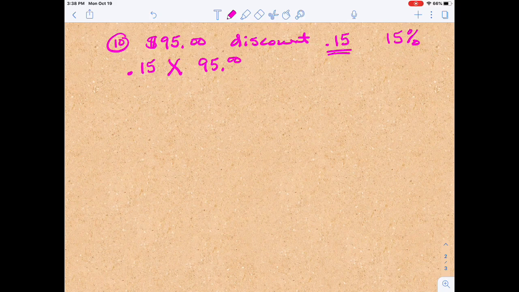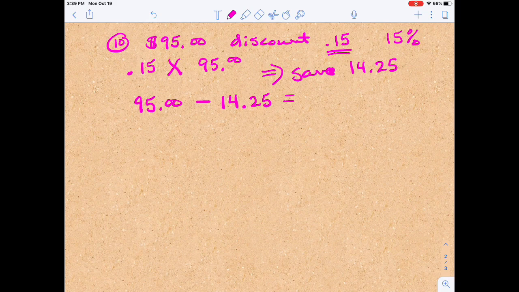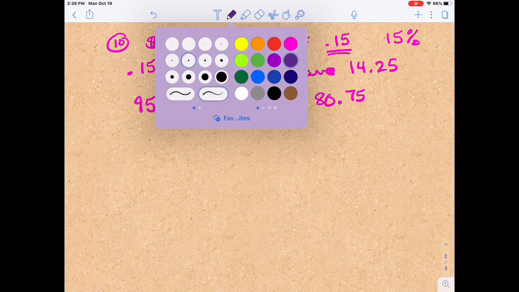I'm going to show you this from a couple angles. 95 times 0.15 is $14.25. I'm going to save $14.25. Okay, so that's pretty cool. I can take $95 and subtract the discount to get the price I'm going to pay. $95 minus 14.25 is $80.75.